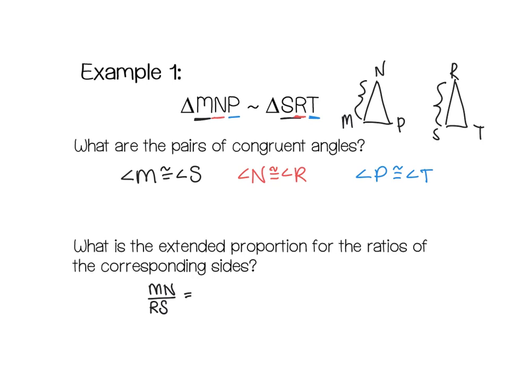The second sides that go together would be NP and then RT. So that would be my second part of the proportion. And the last side would be MP and ST. And so extended proportion just means it's going to be more than 2, and it would look just like what we have written out here.